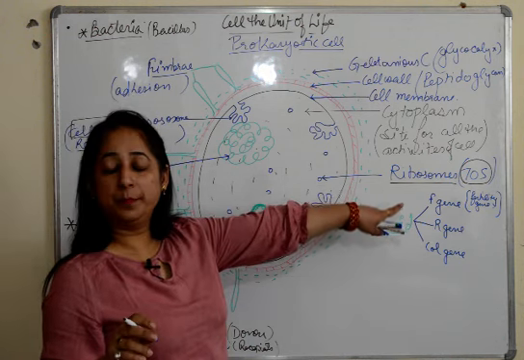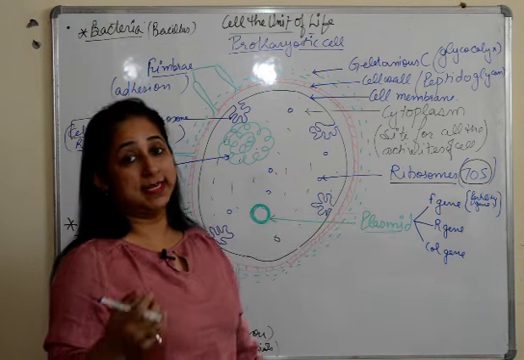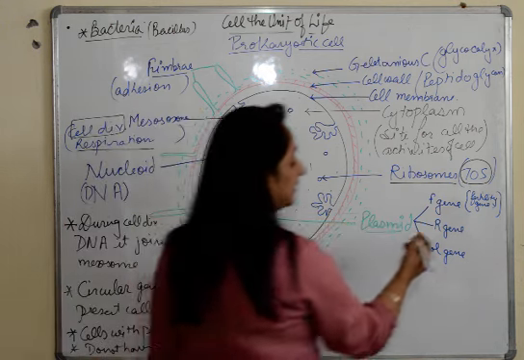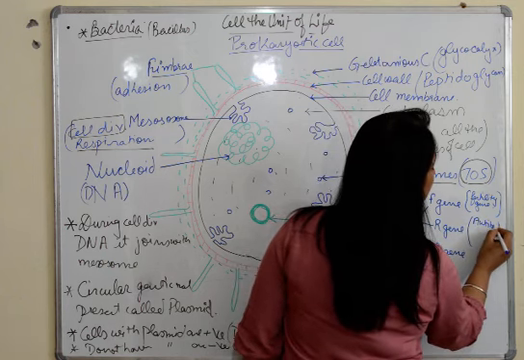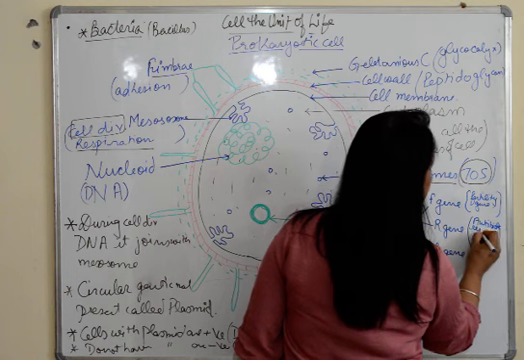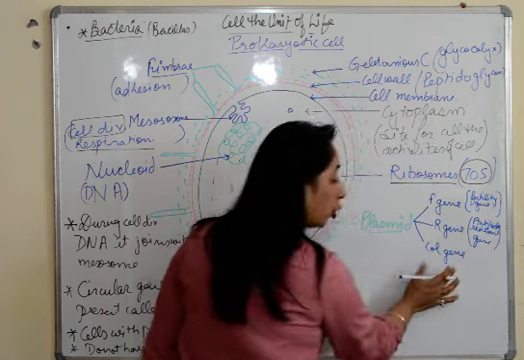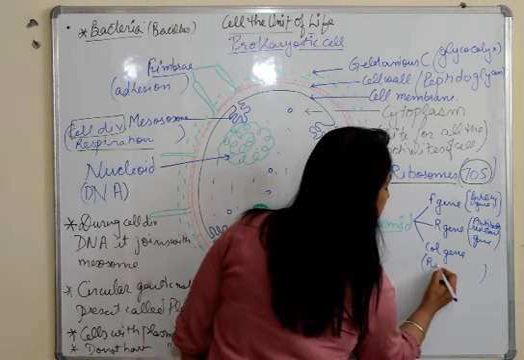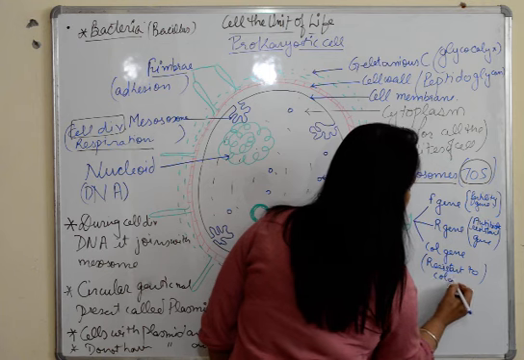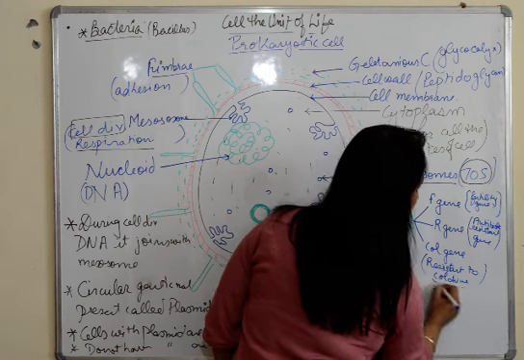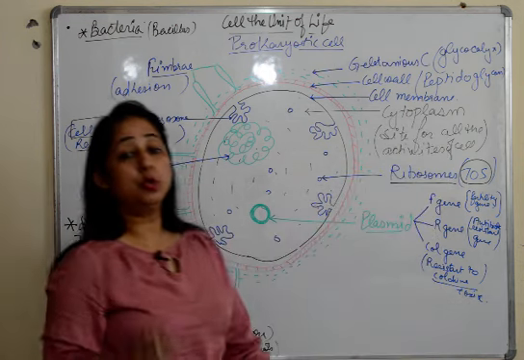So the plasmids with F gene are the donors, that is positive strain bacteria. R genes are the antibiotic resistant genes, and the Col genes are the ones which are resistant to colchicine, that is toxic in nature, that makes the bacteria resistant to colchicine.